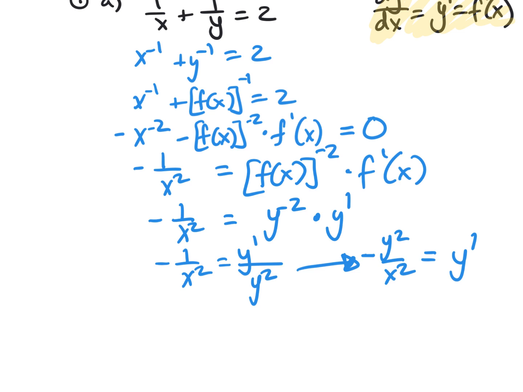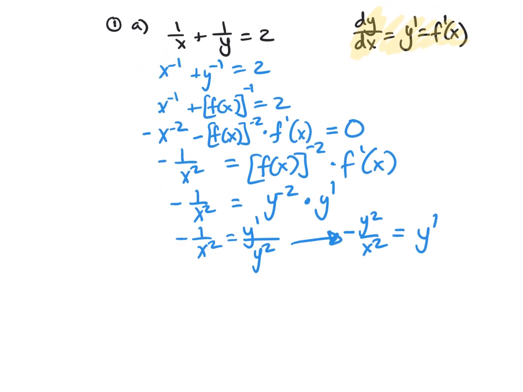And since, before I do another with you here, problem 2 is saying use your answer from 1a above to find the equation of the tangent line to this function at 1, 1, let's just do that. So we're saying, maybe I'll do it a different color, that the derivative, or dy dx, is negative y squared over x squared.